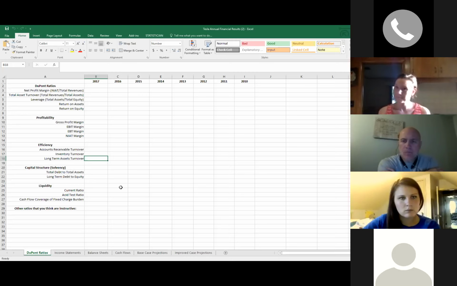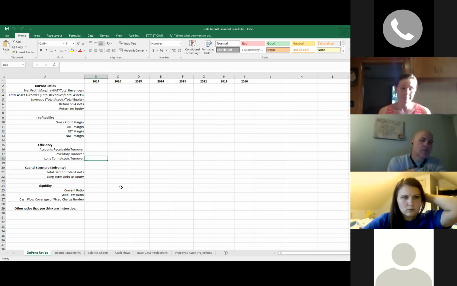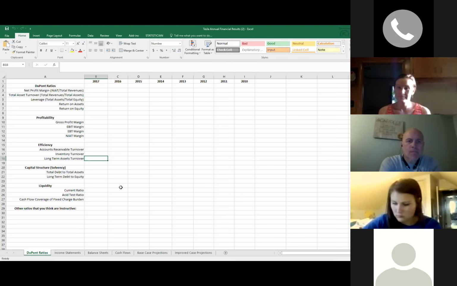So again, it's a question of going down and digging a little bit into the 10Ks. If long-term asset turnover deteriorated sharply, let's say from 2015 through 2017, I would probably want to go sleuthing a little bit in the 10Ks and figure out why.